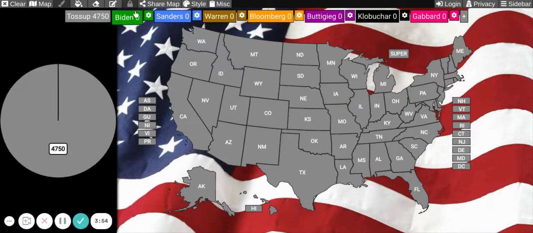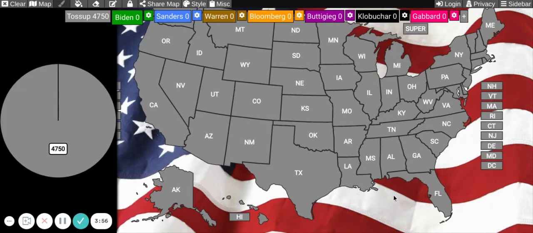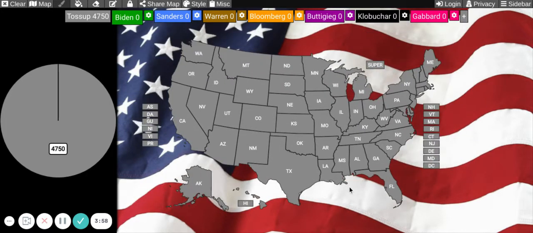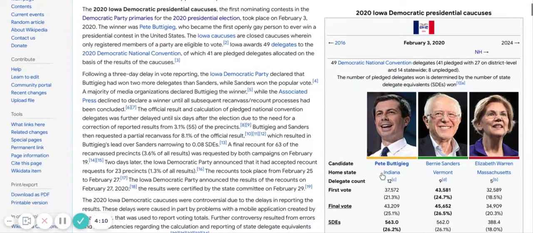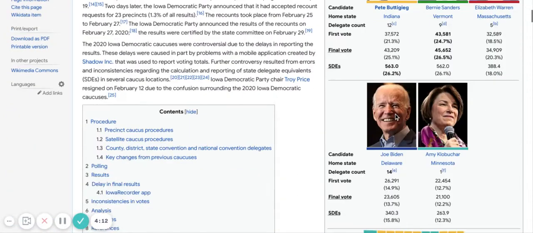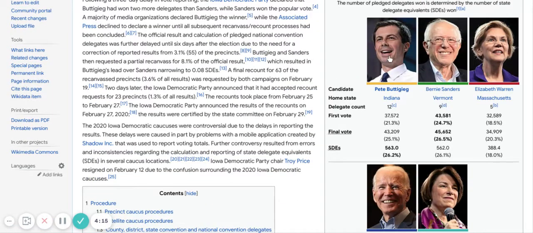I'm pretty sure you've heard that the Iowa caucus puts Bernie and Buttigieg in the lead. New Hampshire puts Bernie and Buttigieg in the lead. South Carolina puts Biden and Warren in the lead. Something like that. Let's go back to Iowa. This was a good night, a good primary for Pete, Bernie, and Warren.